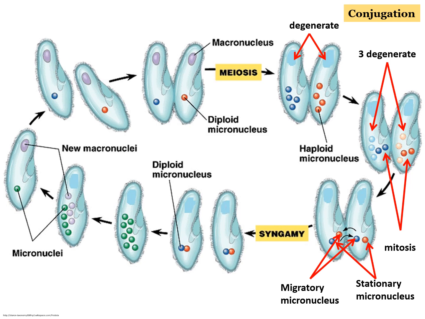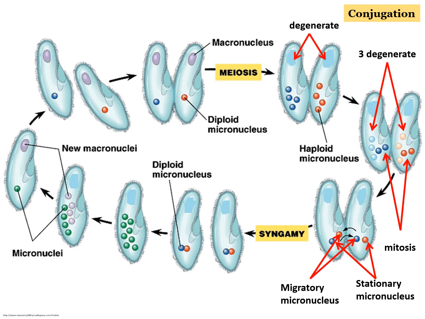Now, here's the important part. The migratory micronucleus, which is one of the haploid micronuclei, will migrate or transfer to the other conjugant. So this is like a swap, as the two conjugants now are exchanging their migratory micronucleus.